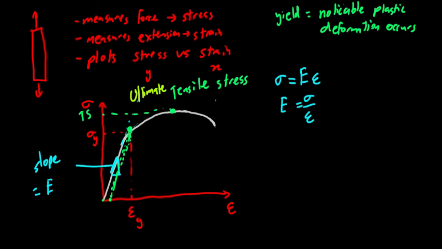So this section was what we called elastic. This section across all the way up into breaking, that's plastic. From this ultimate tensile stress onto this fracture point, the material starts to exhibit an effect that we call necking.